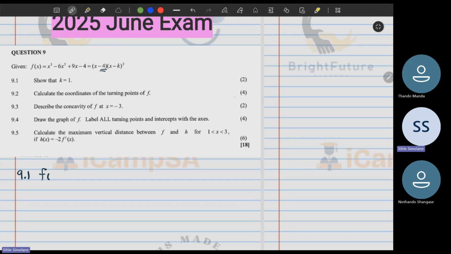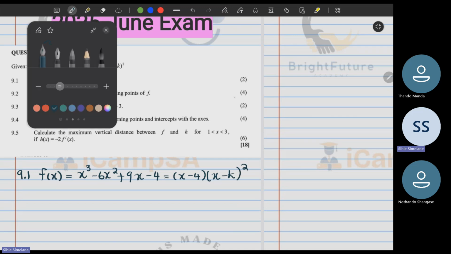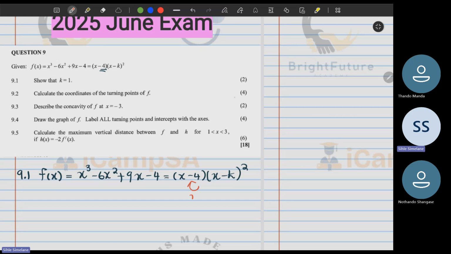So we're given f of x equals x cubed minus 6x squared plus 9x minus 4. Okay, so if you observe carefully, this is said to be x minus 4 into x minus k all squared. So what this means is it tells us that x equals 4 is a solution.